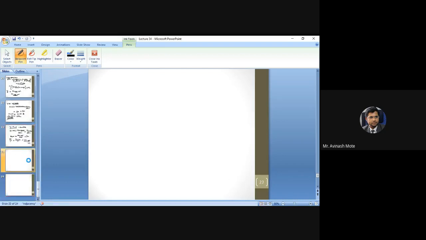I will write it down separately. Net projected area is equal to 42.857 centimeter square. This is the available projected area for the two cavities.